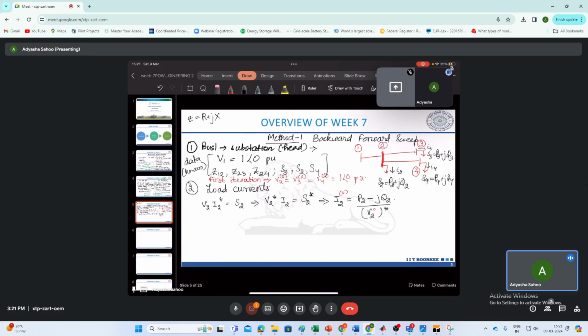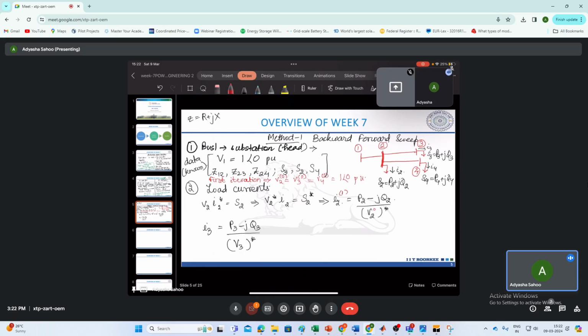Now similarly you can find the value of, let me write it in small because here I had written in small. So this is I2. Similarly I3 you will get as P3 minus JQ3 divided by V3 conjugate in first iteration.